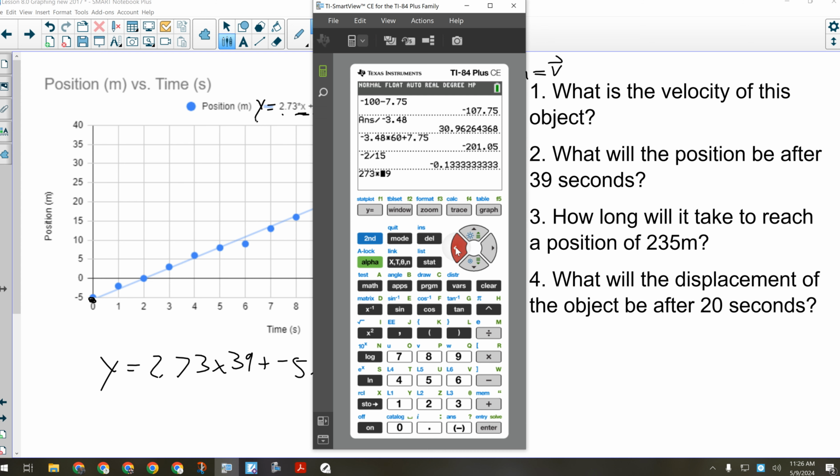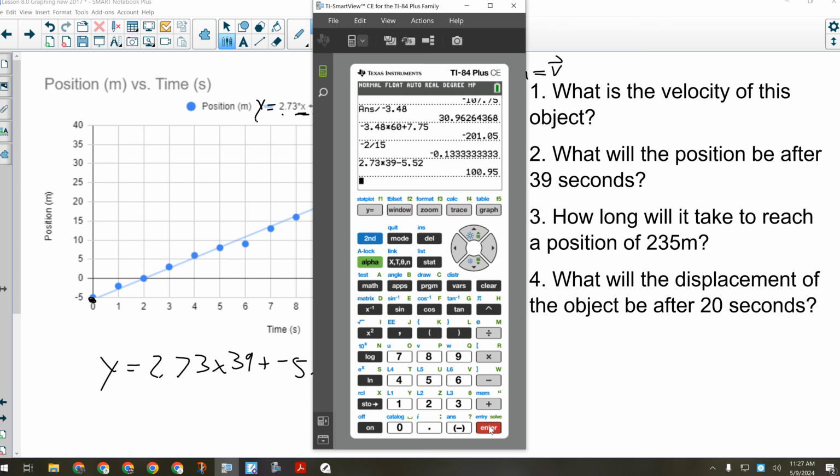Oh, 2.73 times 39 minus, what was it, 5.52? Okay, so the position after 39 seconds would be basically 100.95 meters. Everybody all right with that one?